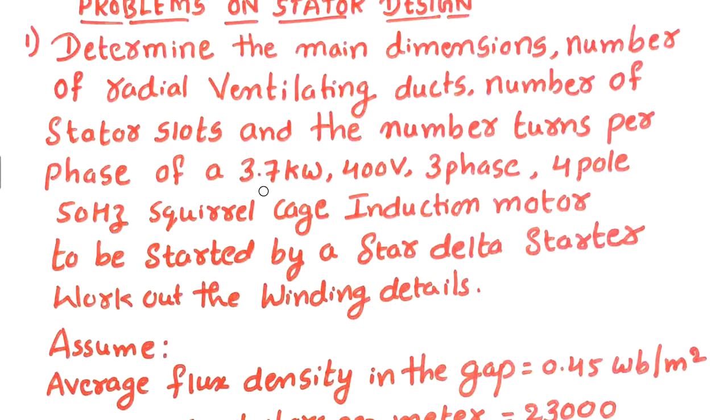Here the power has been given as 3.7 kilowatt, the voltage is 400 volt and it is three phase. The number of poles is 4 and the frequency is 50 hertz. We have been given a squirrel cage induction motor. According to the construction of an induction motor there are two types: one is the slip ring induction motor and the other is the squirrel cage induction motor.